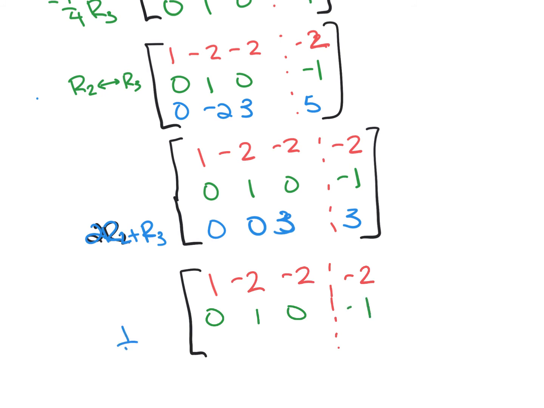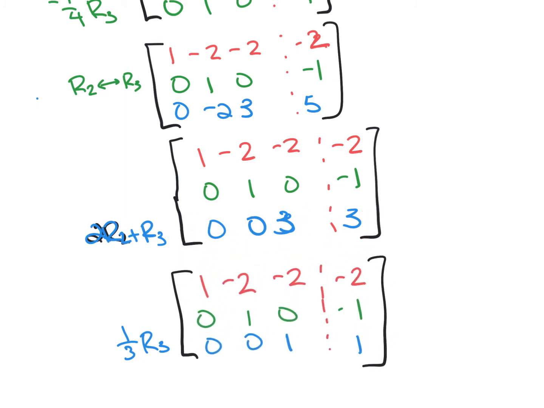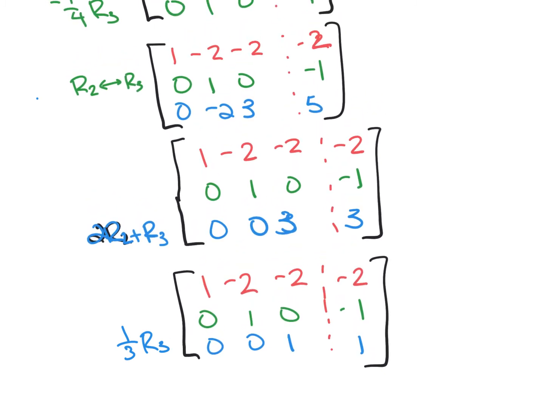Bottom row I'm going to multiply by 1/3. 1/3 R3. So I get 0, 0, 3 times 1/3 is 1, 3 times 1/3 is 1. So I see that x3 is equal to positive 1.